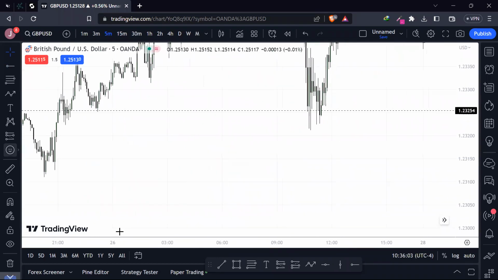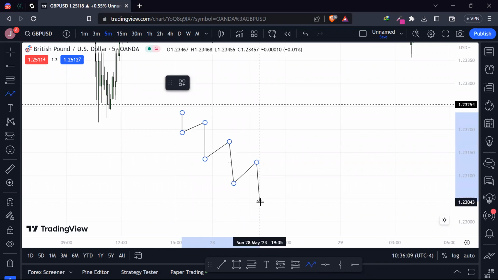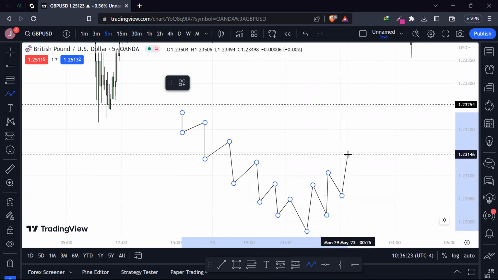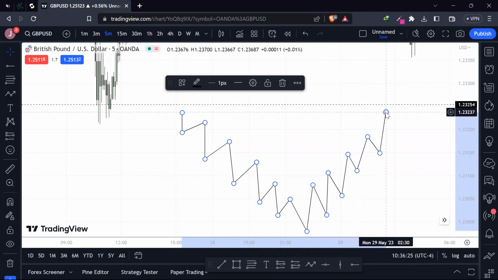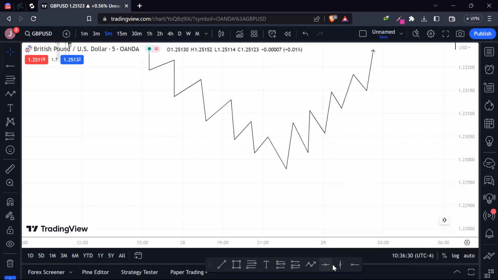If the market was bearish for a long time and shifts like this and comes back, the market will change direction and you will see bullish prices like this.